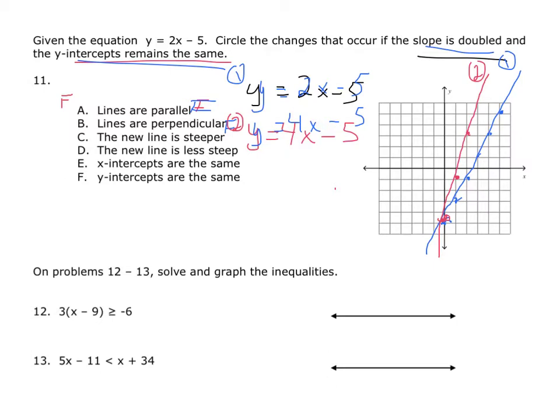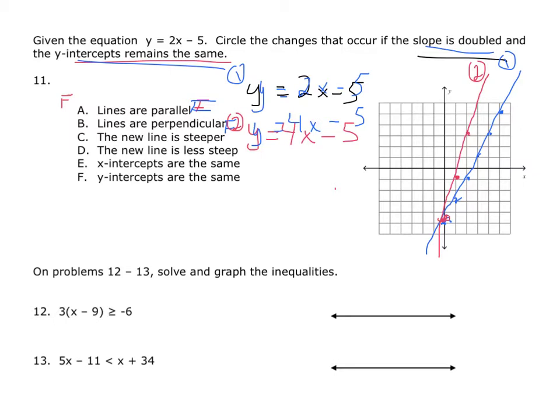Lines are perpendicular. Well, to be perpendicular, they have to be two lines that cross. These cross, but they have to cross at a 90-degree angle. These don't look like they cross at a 90-degree angle, but of course we would want to find out mathematically if that's true or not. To be perpendicular, the slopes have to be opposite reciprocals.